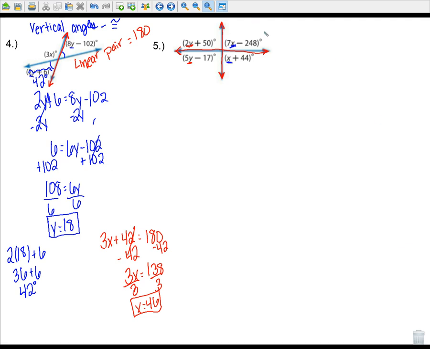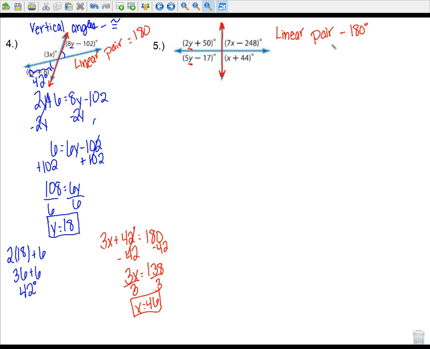So what we need to do is focus on each line. So I'm going to focus on this line that goes up and down. Okay, let's look at our y's right now. So hopefully you guys notice here our y's and both of our x's actually both make a linear pair.